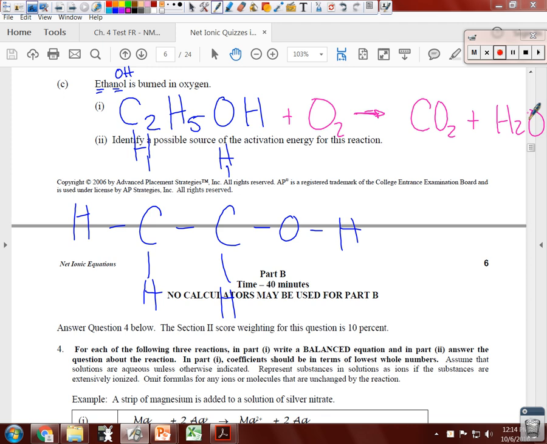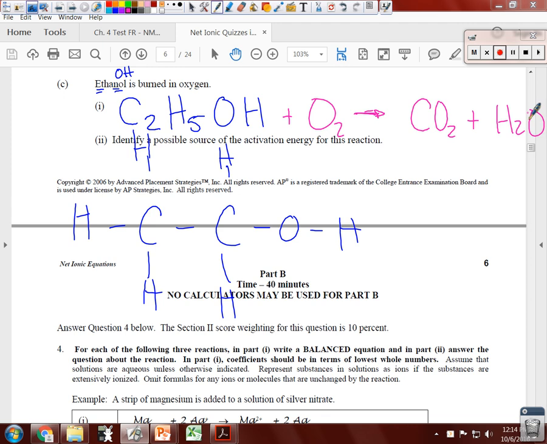Number 2, identify a possible source of activation energy for this reaction. Perfect. As a matter of fact, that's one of the words they give you. Let me read you what it says. A lit match, spark, or other ignition source could ignite this mixture. I would say fire, but enough heat to spark it.